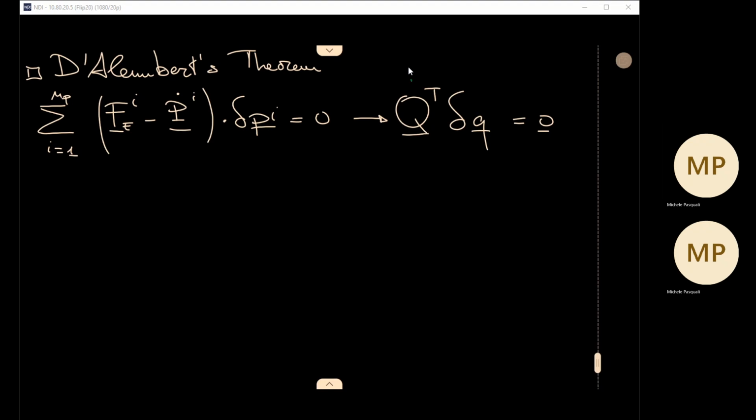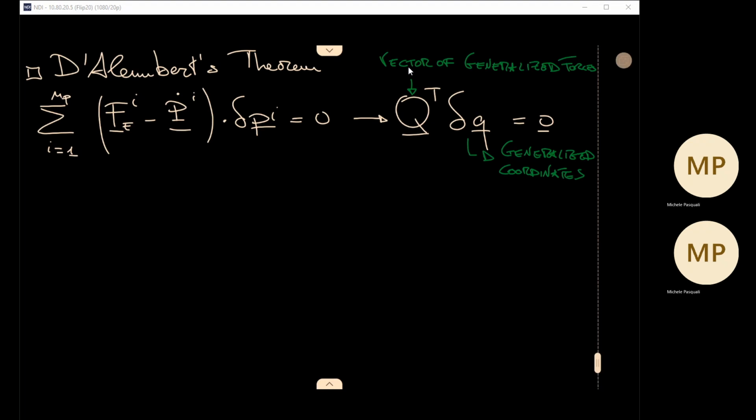So this is the vector of generalized forces. And these are the generalized coordinates in consonance. So this is the vector form.